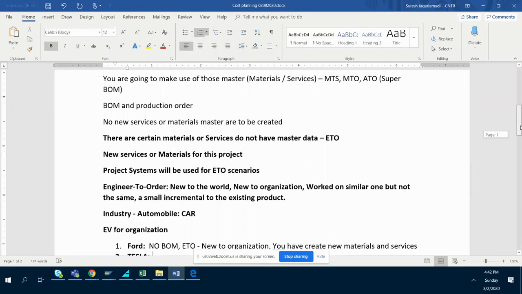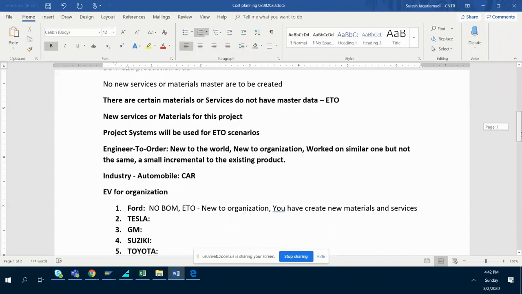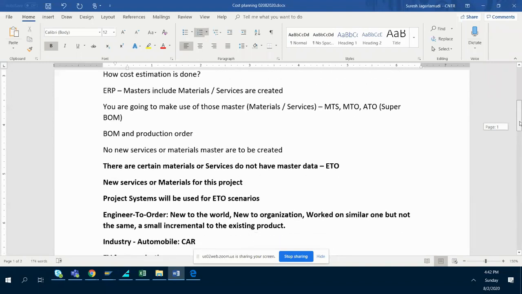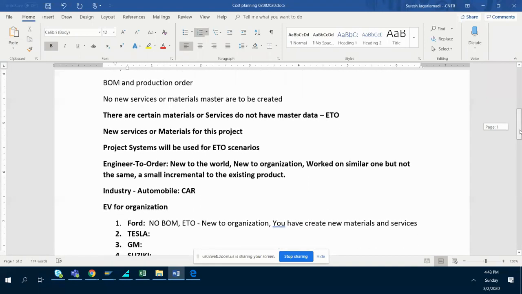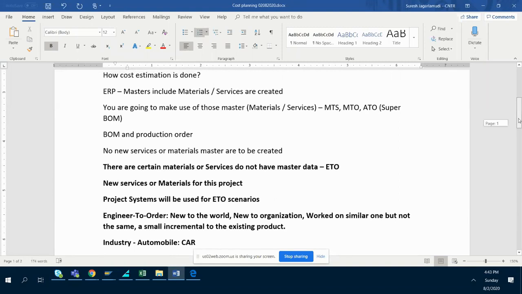Now for them, what are you going to do? Tell me. Is it MTO, MTS or ATO? MTS in that case. It's already there.